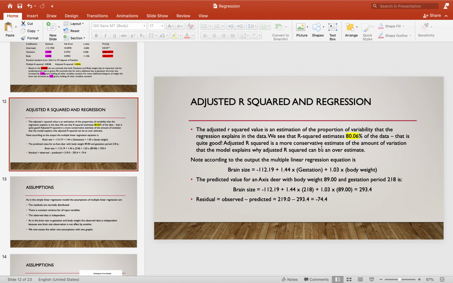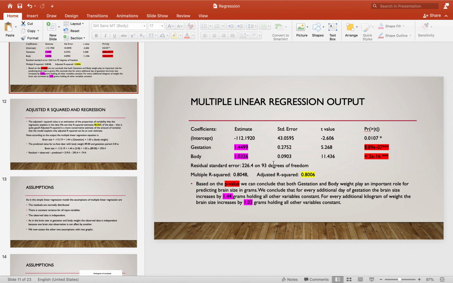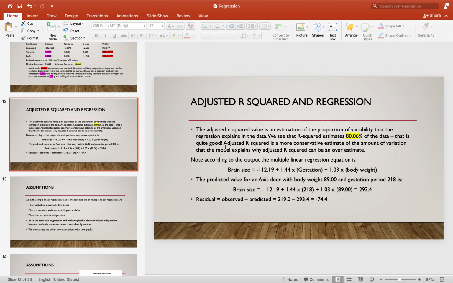Adjusted r squared is a little bit more conservative, so it is slightly less. These two values are very, very close, but adjusted r squared is always going to be slightly smaller, a more conservative estimate.